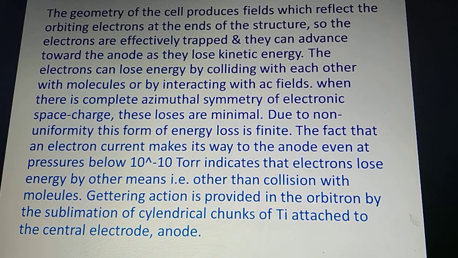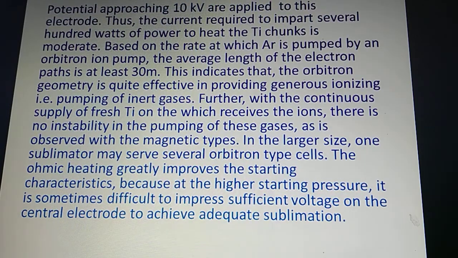A cylindrical chunk is nothing but the titanium material attached to the rod at the middle of the vessel. That is the cylindrical chunks of titanium. So the gettering action is provided in the Arbitron by the sublimation of cylindrical chunks of titanium attached to the central electrode, and the central electrode is nothing but the anode.